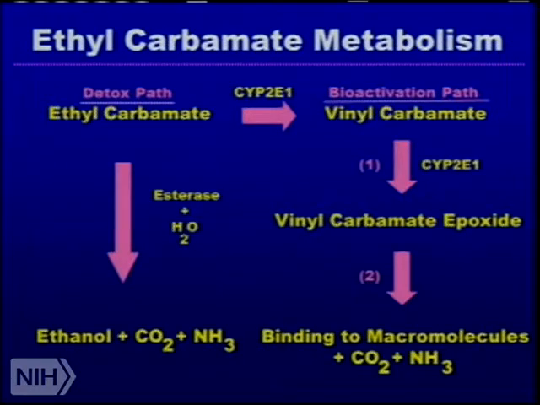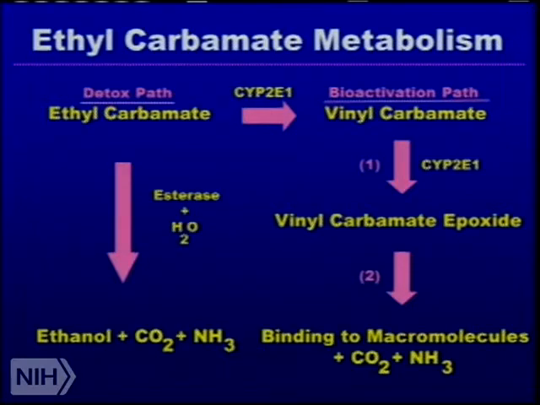Now, the carcinogen ethyl carbamate goes through at least 2 different types of metabolic events. The first is a detoxification pathway, which employs simple hydrolysis using esterase and water to produce ethanol, CO2, and ammonia.